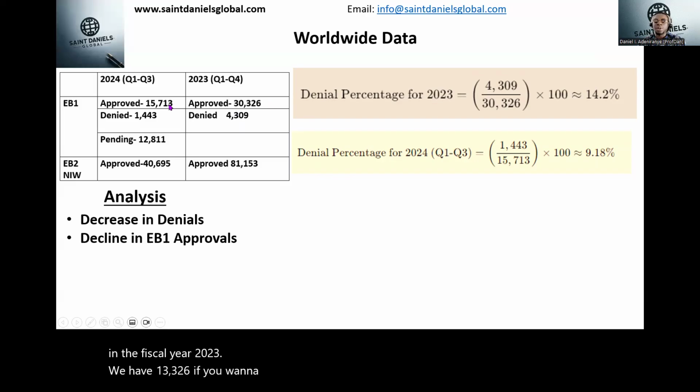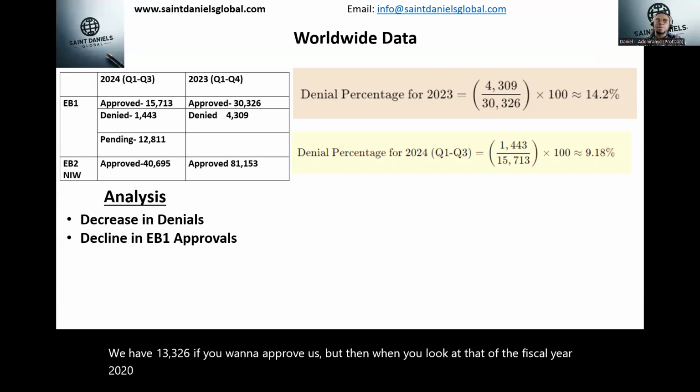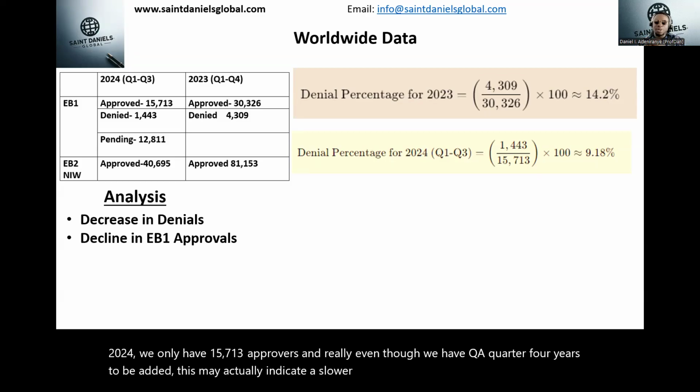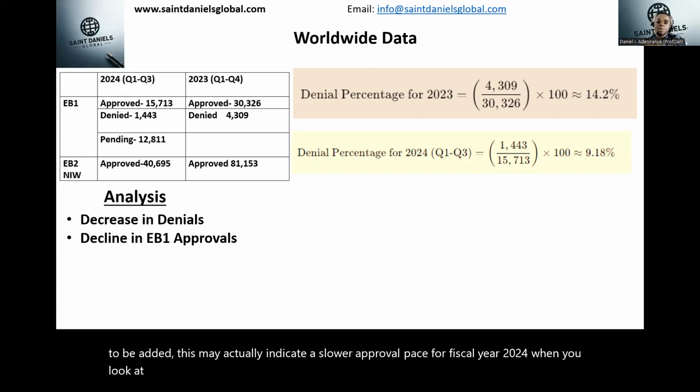But then when you look at fiscal year 2024, we only have 15,713 approvals. And really, even though we have quarter 4 yet to be added, this may actually indicate a slower approval pace for fiscal year 2024. When you look at this, really, it's slow compared to the last fiscal year. But keep in mind, though, Q4 is yet to be included.